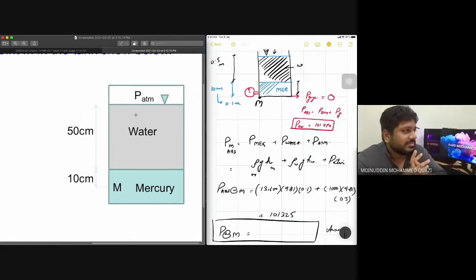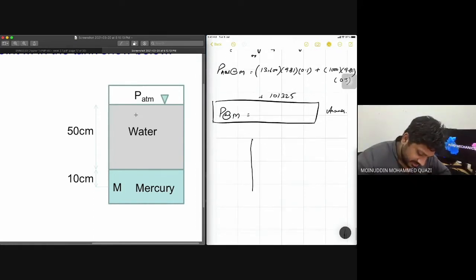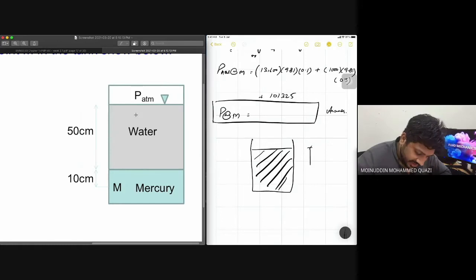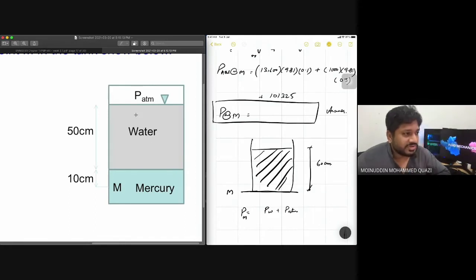If I say that this tank is full of water and its height is 60 centimeter, then the pressure is only the pressure of water plus P atmospheric. At point N, pressure is water plus atmosphere, because the total height of water is 60 centimeter.